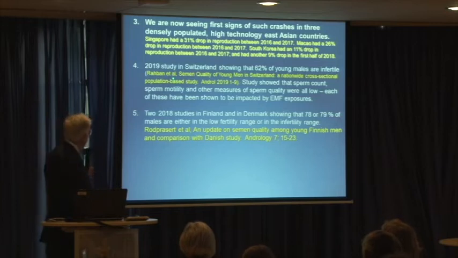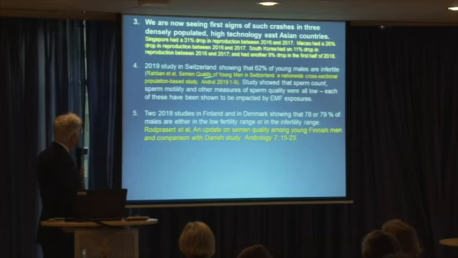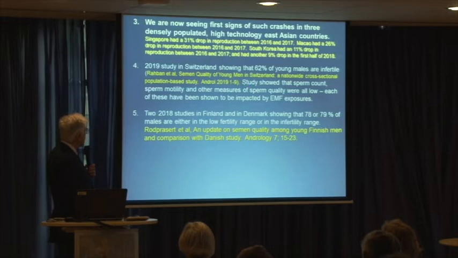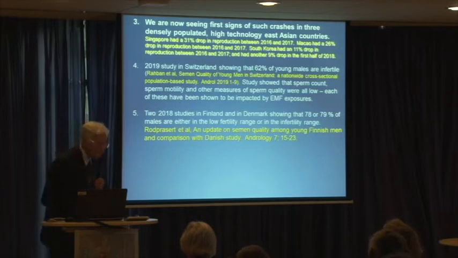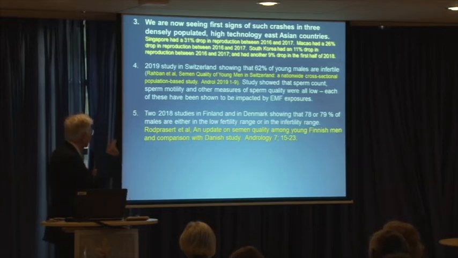I think the most interesting of these is this very recent one that was published about 5 months ago. I've got the citation here. And what they found was that there were strong effects. They concluded 62% of young males were infertile. These were based on measuring sperm count, sperm motility, and other measures of sperm quality.